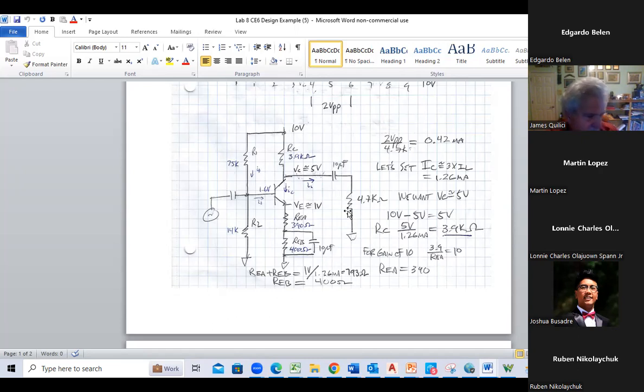Okay, so that says that effectively I've got a parallel combination of my load and my collector resistor of 1.4K. And so for a gain of 10, I want REA then to be 140.